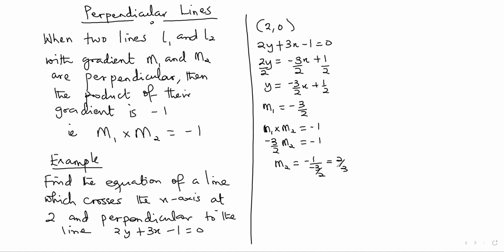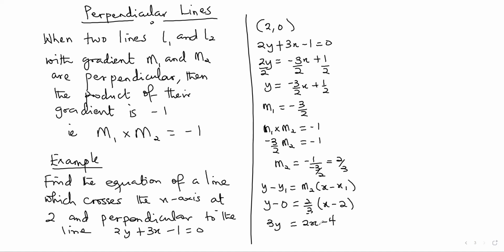So now, having gotten this 2 on 3, we can now quote our equation. We are going to use the m2, the second gradient. And so the point is (2, 0). So now y is 0, my m2 is 2 over 3, and my x is 2. So we expand, we're going to have 3y equal to 2x minus 4.